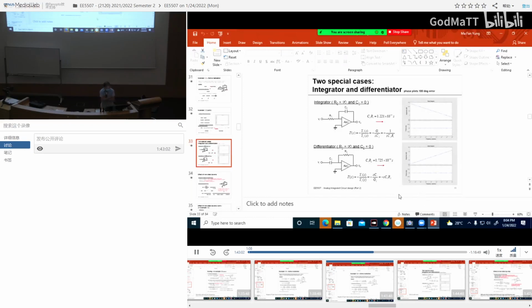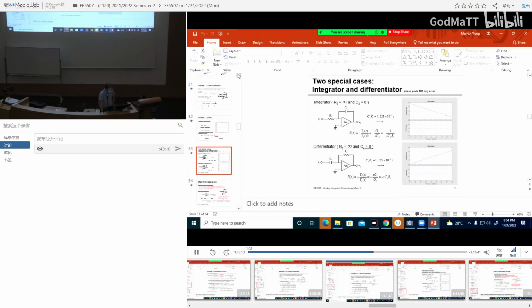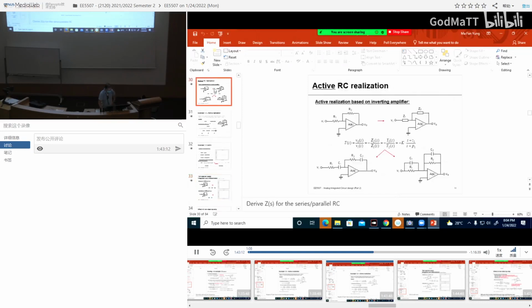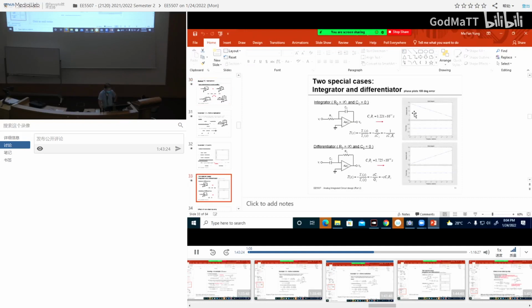Okay. So now we come to 2 special cases of this kind of circuit. So remember the circuit? This is the general circuit we're talking about, Z1, Z2, inverting amplifier. So these are the 2 special cases.